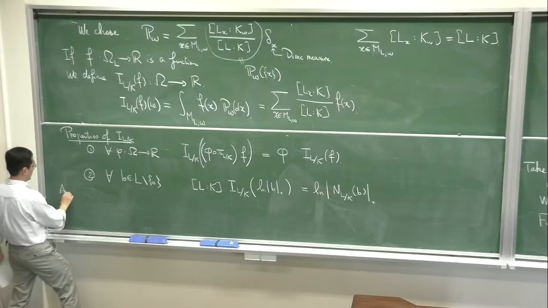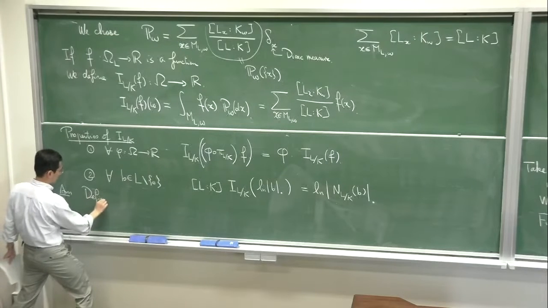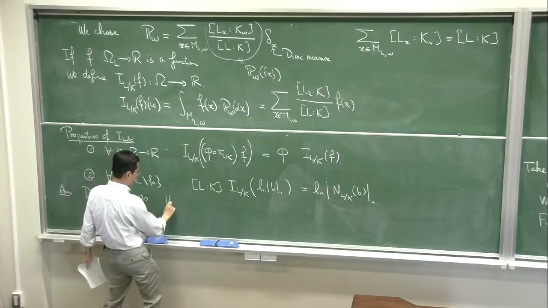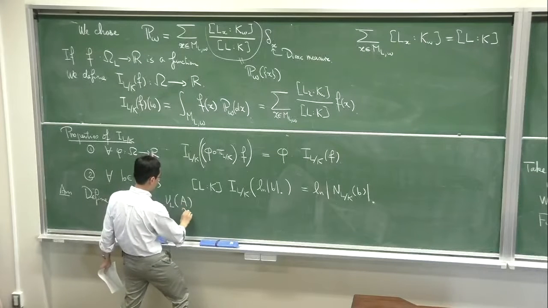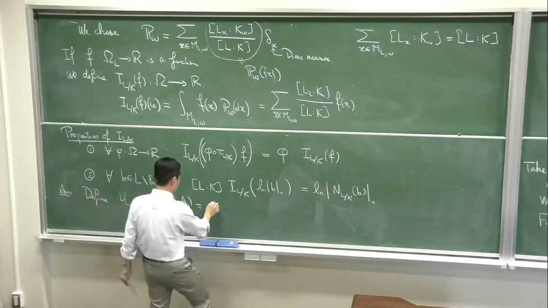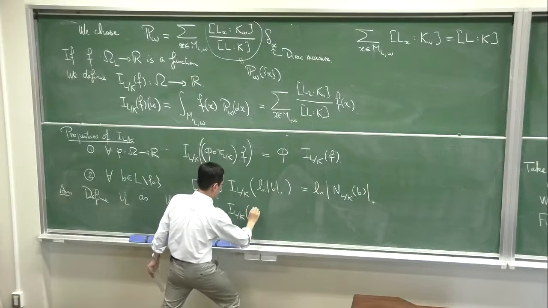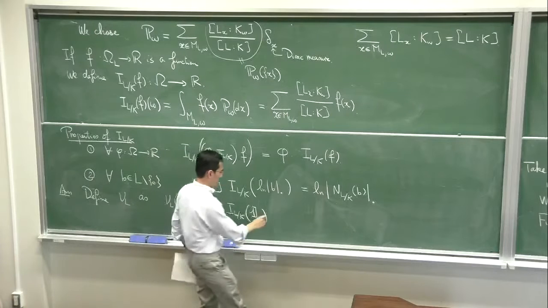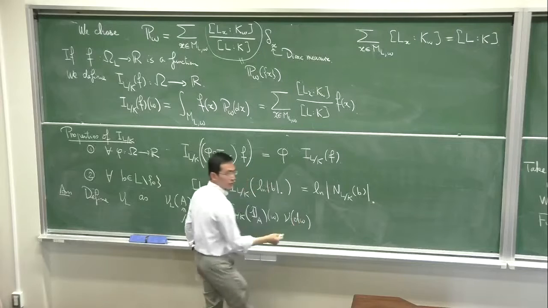Our aim is to define ν_L of some set A in 𝒜_L as the integral on Ω of the fiber integral I_{L/K} of the indicator function of A, with respect to ν(dω).